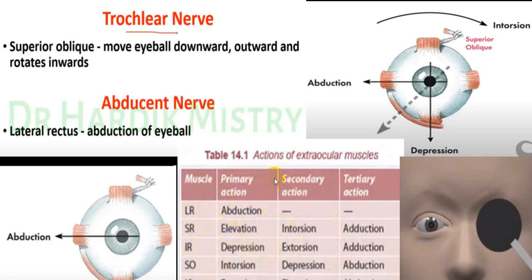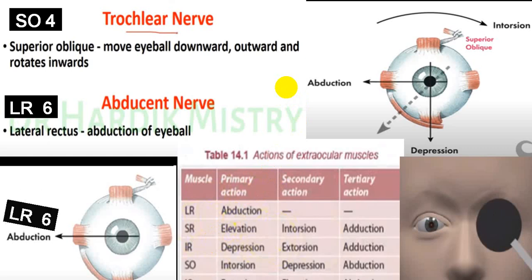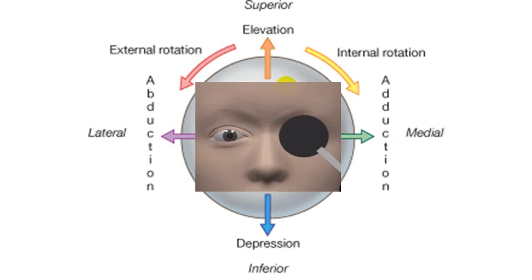Here, medial rectus is not mentioned. Okay. So superior oblique is 4. LR6 is lateral rectus, the 6th cranial nerve. This is LR6, this is SO4. So this is combined together.